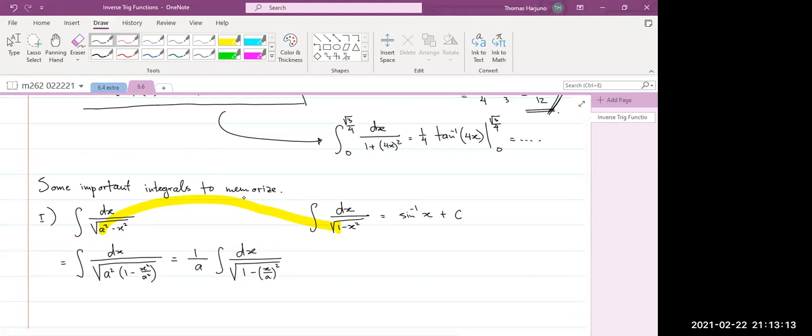But if you think about this, notice that x over a is the same as 1 over a times x, right?